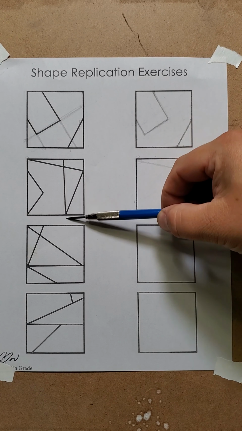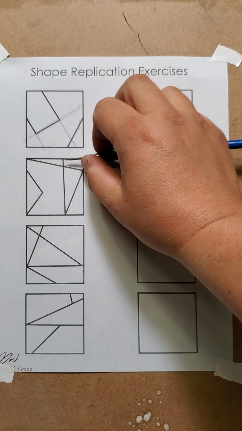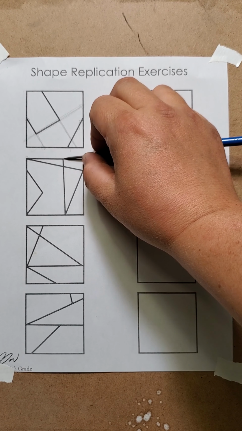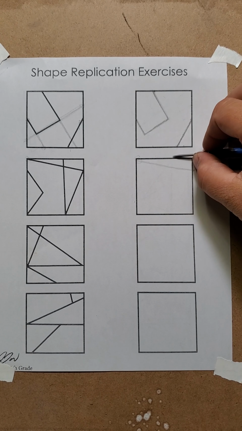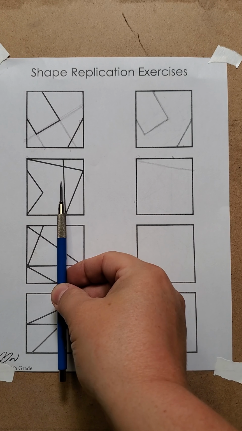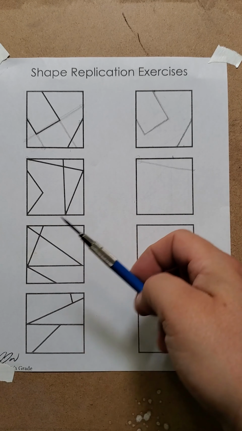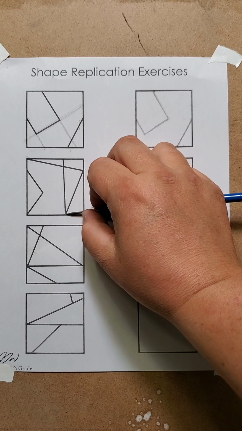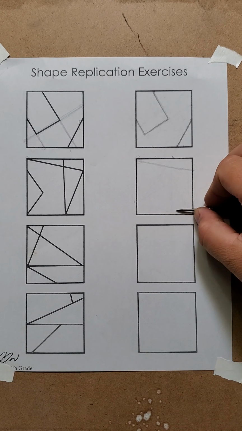Let's look for this vertical. We're going to take our top measurement, find that. Now you don't want to assume that your bottom is the same because this line could be perfectly vertical or it could be on an angle. So we want to take our second measurement there.